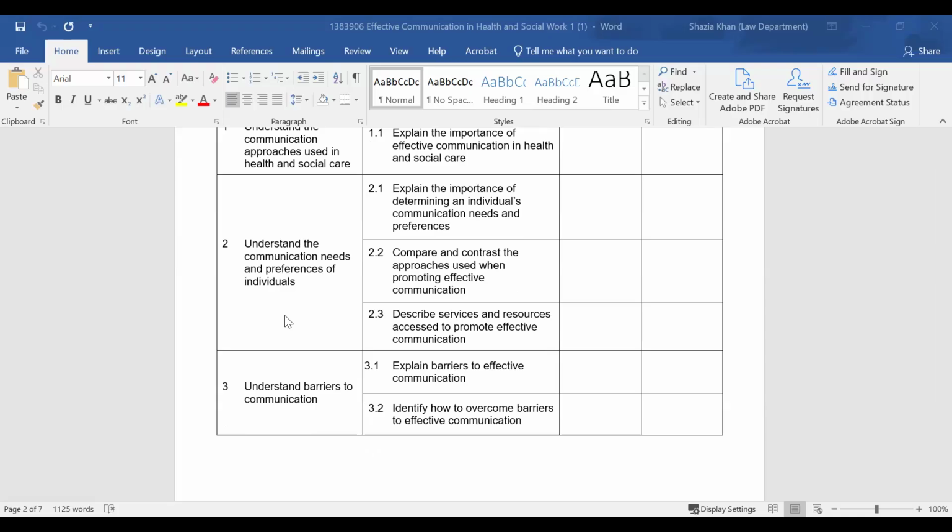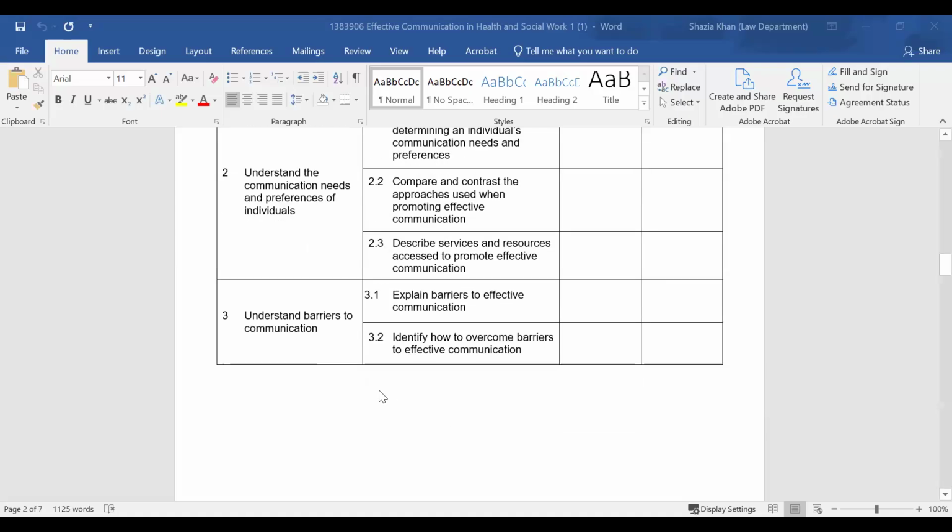In that, we'll be looking at 2.1, to explain the importance of determining an individual's communication needs and preferences; 2.2, comparing and contrasting the approaches used when promoting effective communication; and 2.3, to describe services and resources accessed to promote effective communication. We finally will look at learning outcome 3, which is to understand barriers to communication: 3.1, to explain barriers to effective communication, and 3.2, to identify how to overcome these barriers.